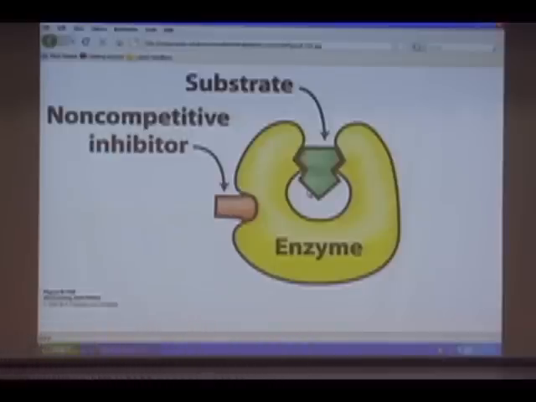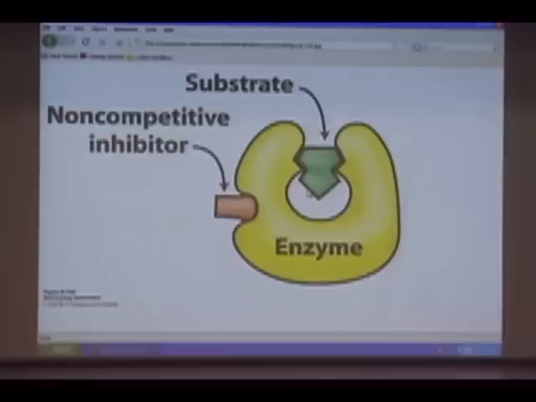Let's think about this. When I had competitive inhibition, I had 100 molecules of substrate to start, and I had 10 molecules of inhibitor to start. I was 10 times more likely to have substrate find the enzyme under those conditions, right? About 1/10 of my enzyme is going to be inhibited at that time.